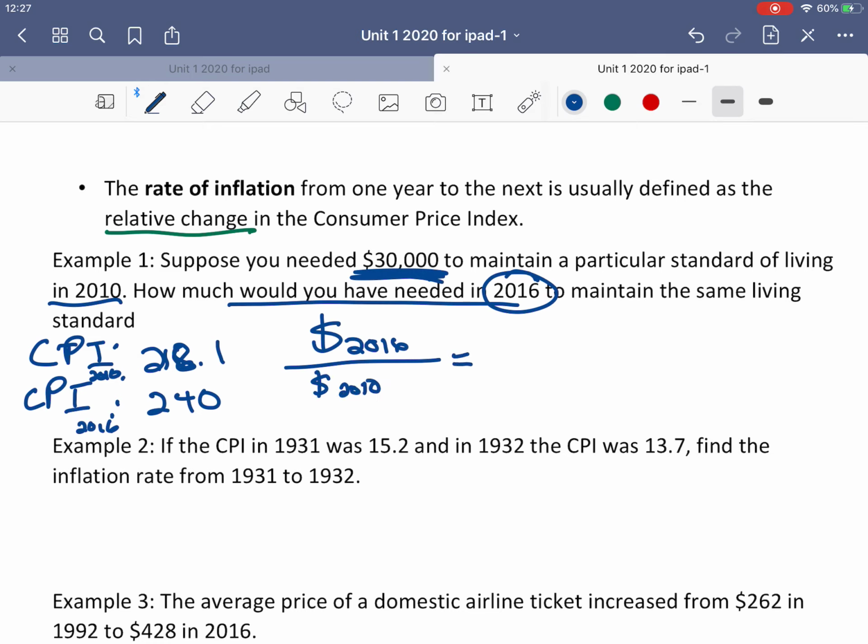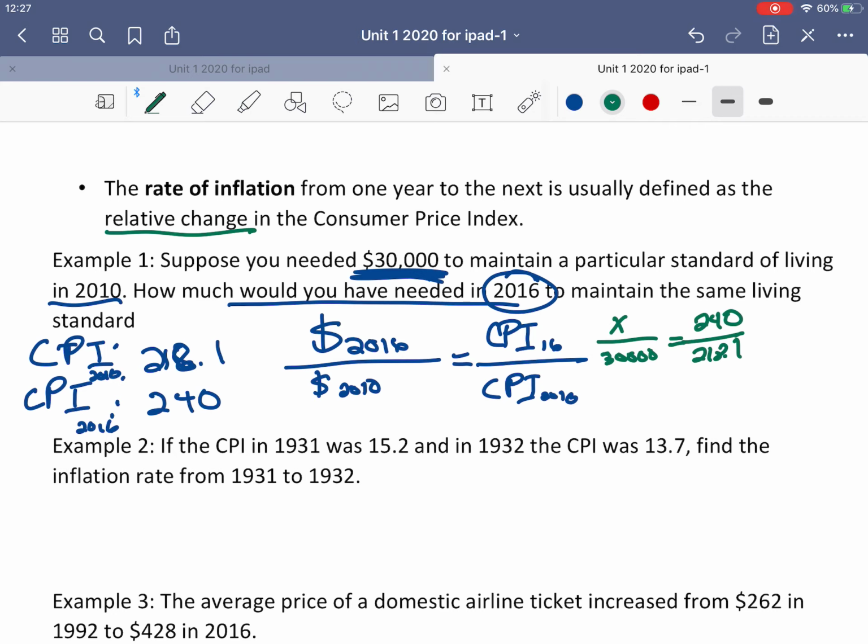So that's the price in year Y. So this is going to be the CPI for 2016 over the CPI for 2010. Okay, let's fill our numbers in then. This is what I don't know.